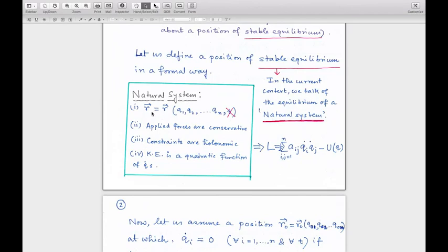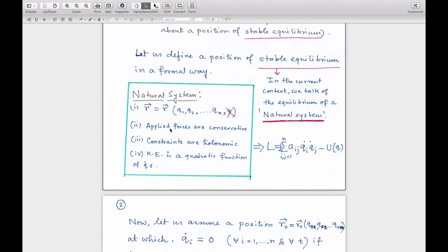First, the position vector can be denoted by generalized coordinates. Or rather, first I am just saying only in terms of space coordinates, whether they are generalized or not, I am coming to that. So just space coordinates q1, q2 up to qn.